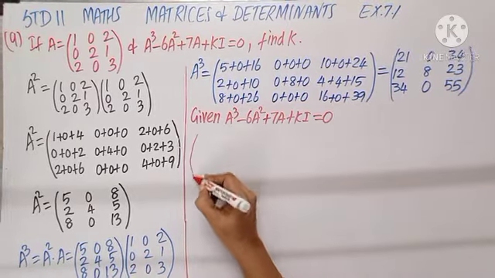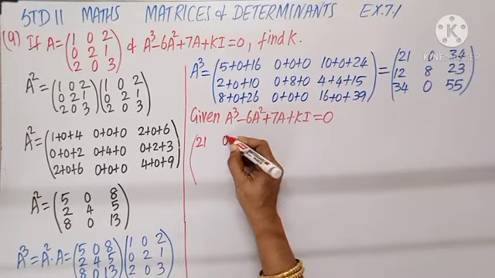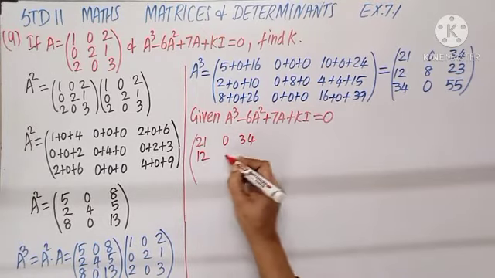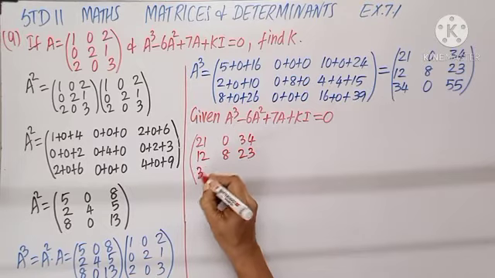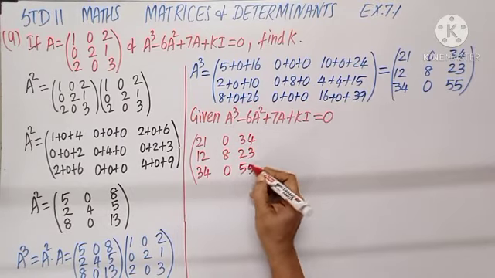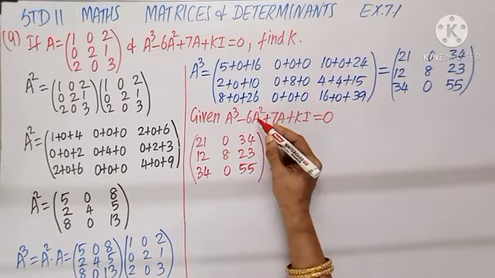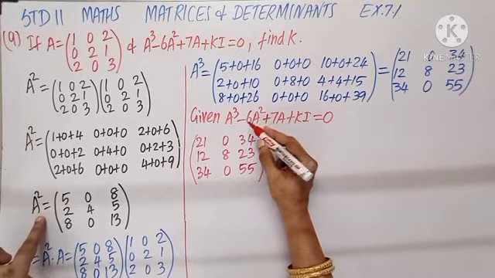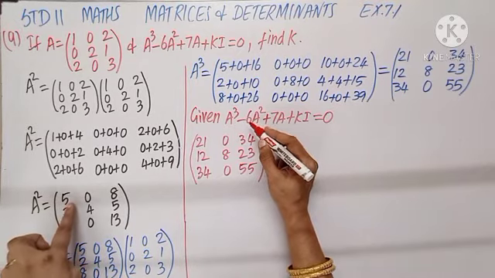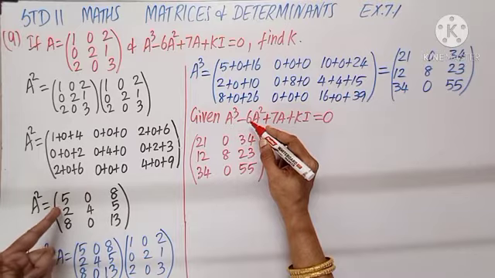A cube, the answer 21, 0, 34, 12, 8, 23, 34, 0, 55. A square, we need to multiply by minus 6. Every number multiply by minus 6.